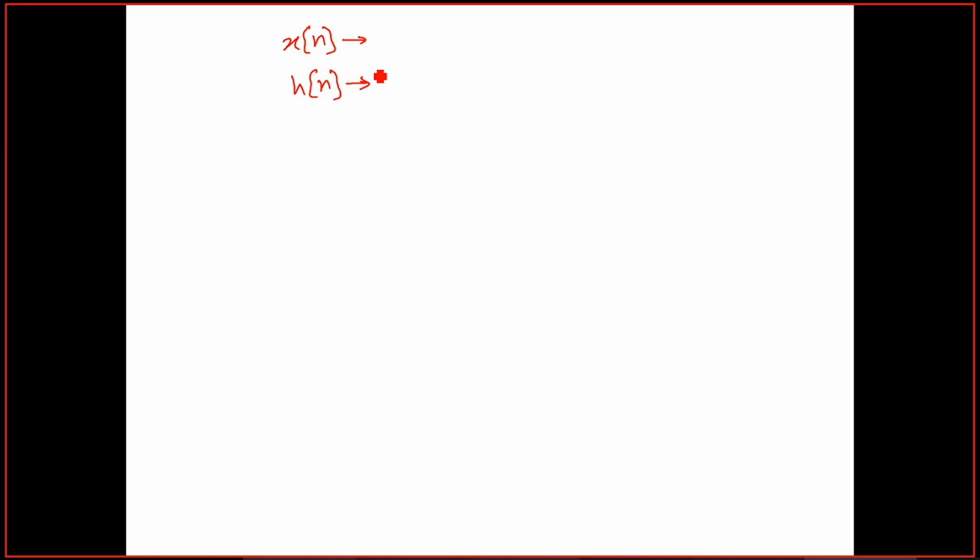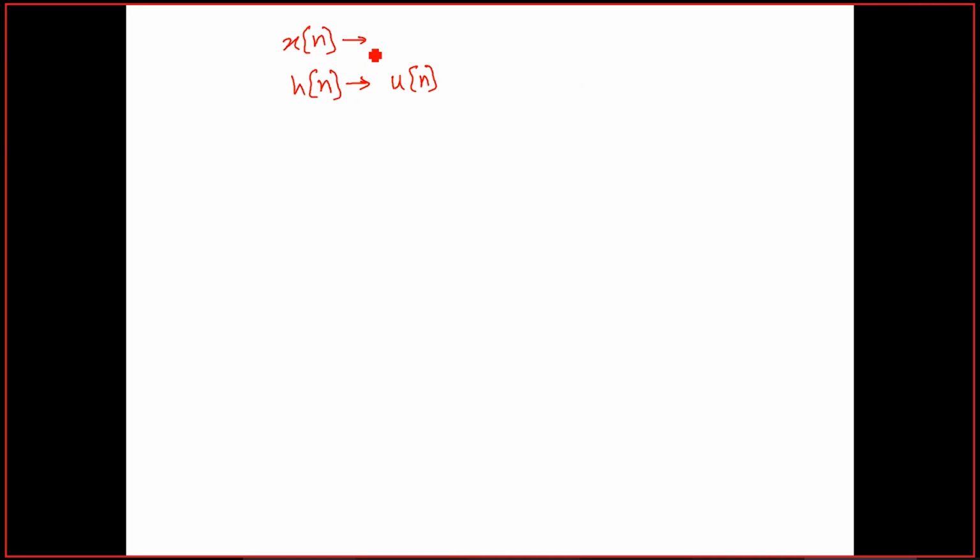And again, this is what is shown in the example that you will see in a moment. You're given x of n, you're given h of n. H of n is given to you as u of n. Remember that u of n is a step signal, unit step signal. So impulse response is a unit step signal, and because it goes on and on all the way to infinity, it will be an IIR, infinite impulse response.